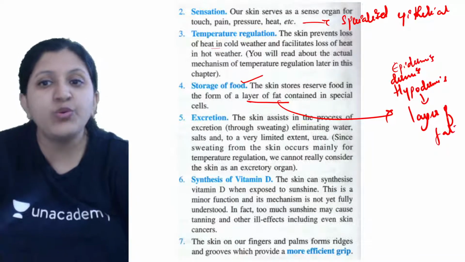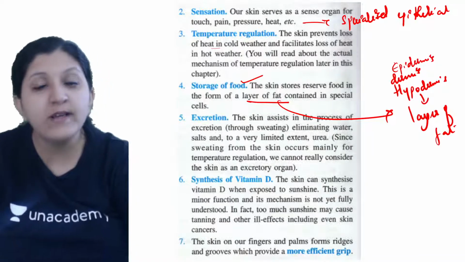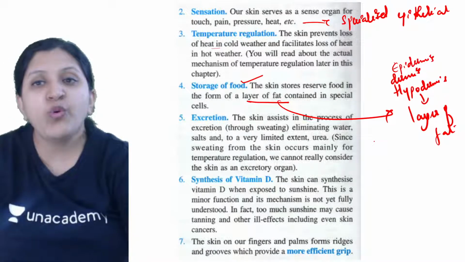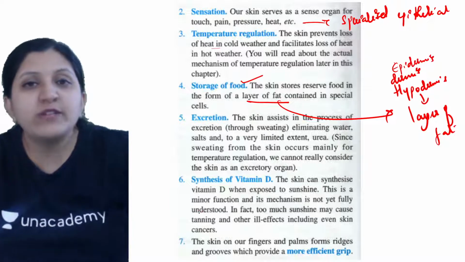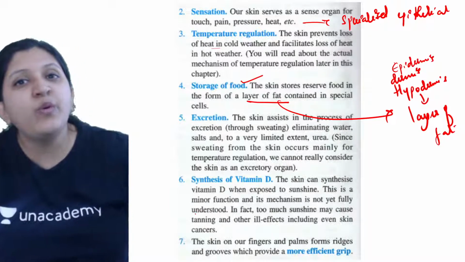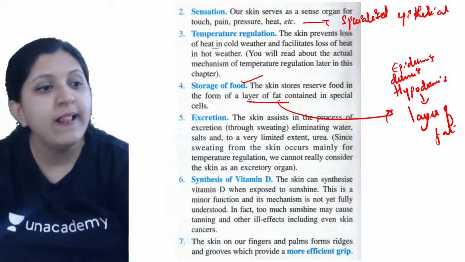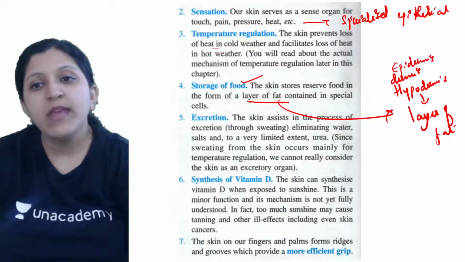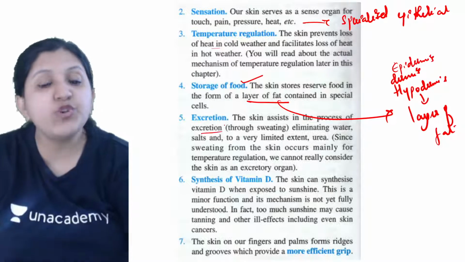So basically storage of energy is done, because fat serves as a storage of energy. Whenever it is required, this fat can be broken down, glucose supply can be done, and energy synthesis can be done. Okay, so excretion: the skin assists in the process of excretion.